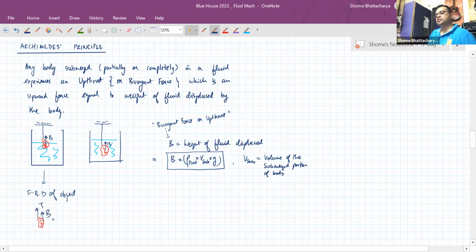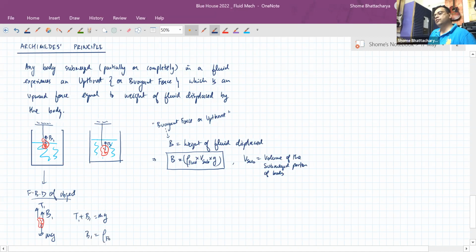And this is the tension. Let's say this buoyant force is B1 because it's partially submerged, and its own weight is mg. So here, tension in the thread plus buoyant force will be equal to the weight of the object. So you can see that the tension will be less than the weight.